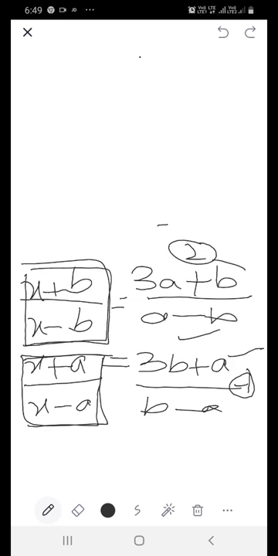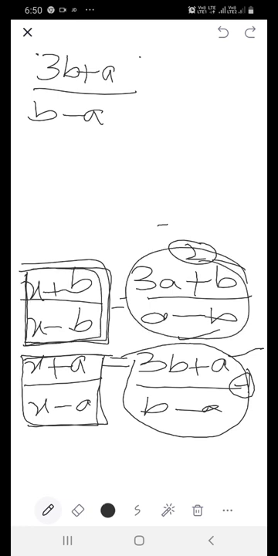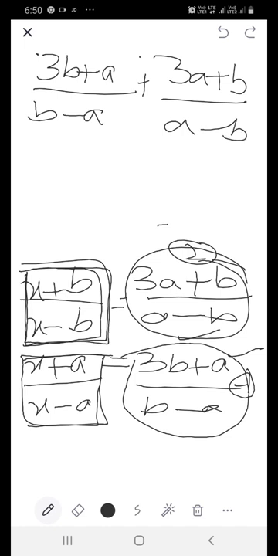So x plus a upon x minus a is this. It will be 3b plus a upon b minus a, and the value of this is this, plus 3a plus b upon a minus b. Now you have to add these two fractions.